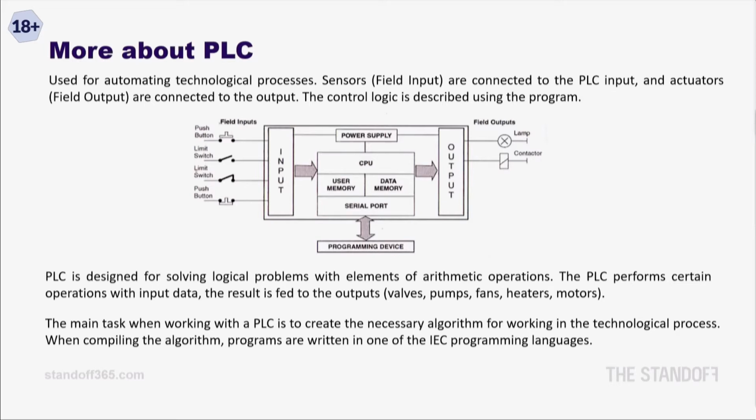As I have already mentioned, it is collecting inputs from the sensors. What kind of inputs? Well, it can be all kinds of sensors, like a pressure sensor or a temperature sensor. There are inputs.